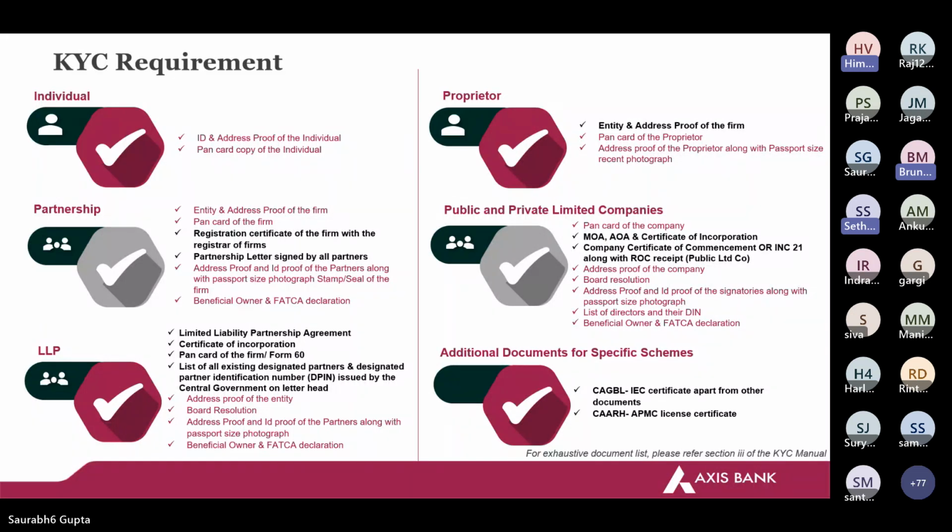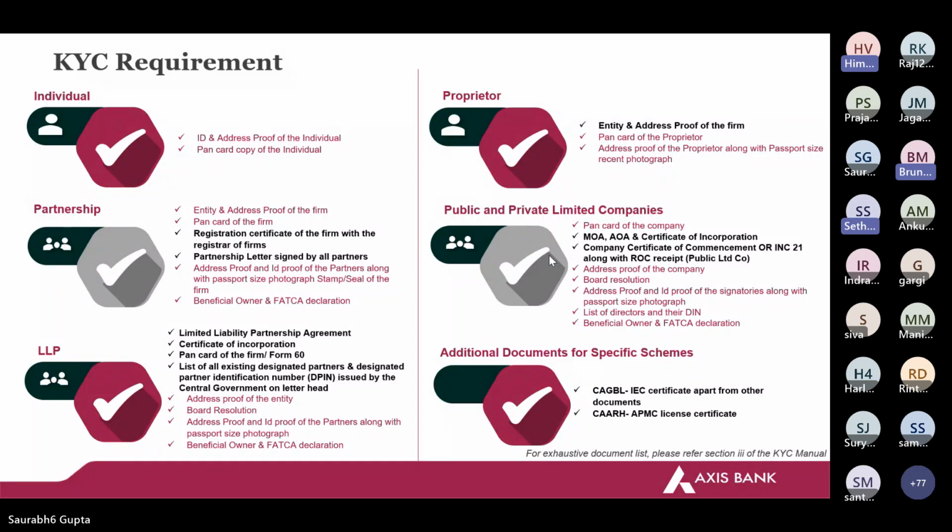Let's take an example of a partnership. In case of a partnership, the partnership deed will become a mandatory document for onboarding any partnership account. Also, if you have a chain of partnership deeds, that also will need to be provided if you are providing the latest partnership deed. Sorry, I got a call in between.